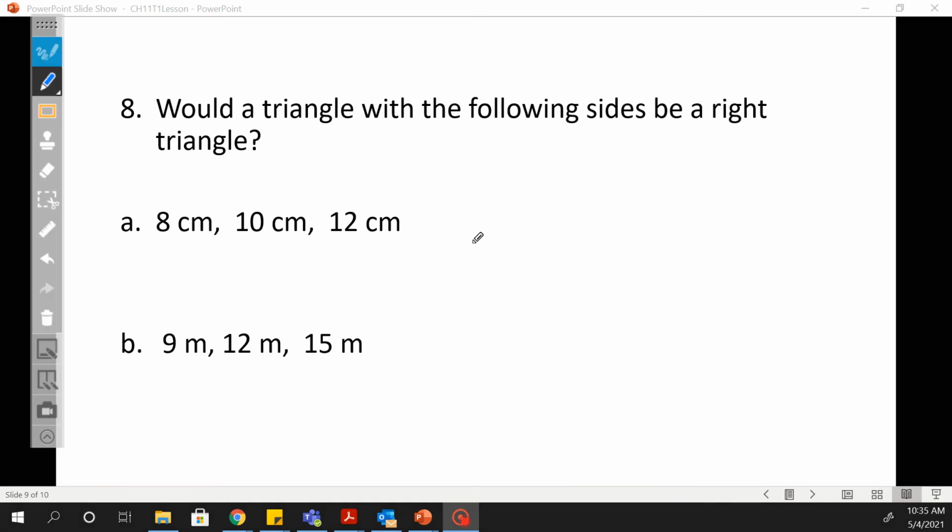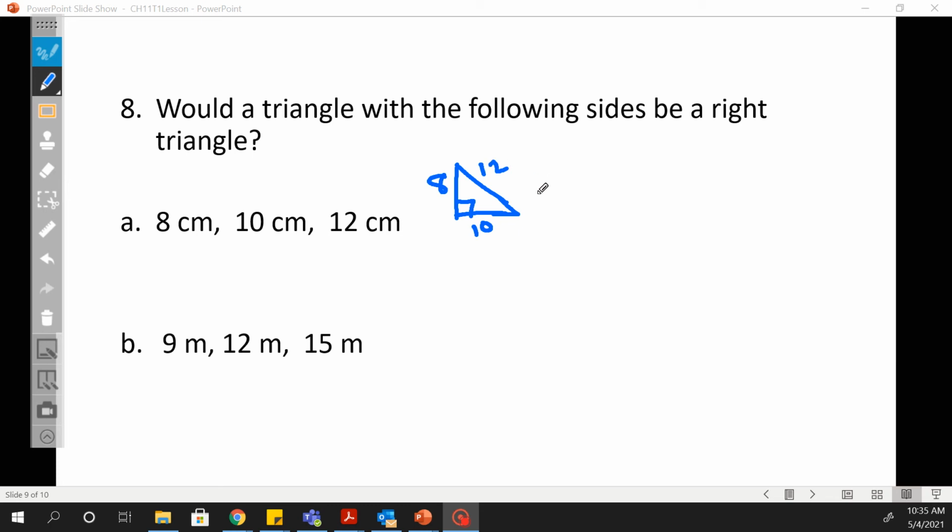Would a triangle with the following sides be a right triangle? Now it doesn't tell you which ones are the legs and which ones are the hypotenuse, but the longest one has to be the hypotenuse. So we need to know, is this a right triangle? 8, 10, 12.